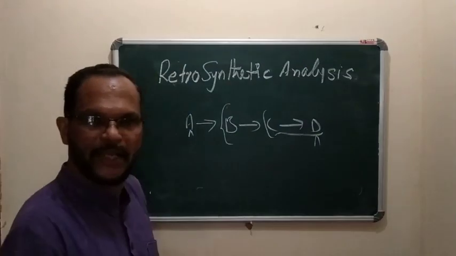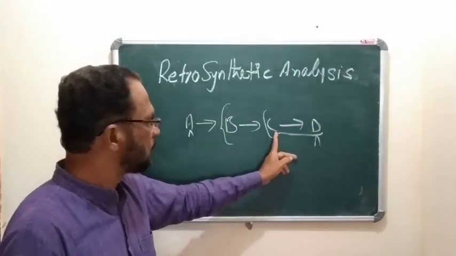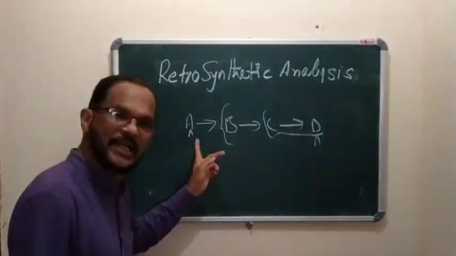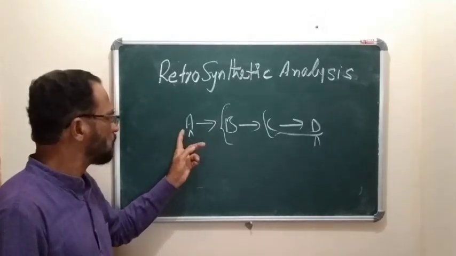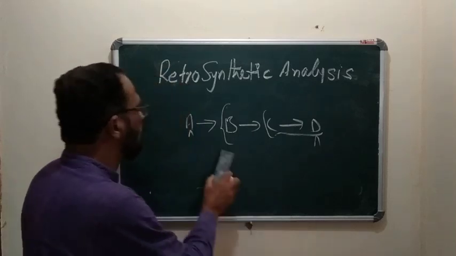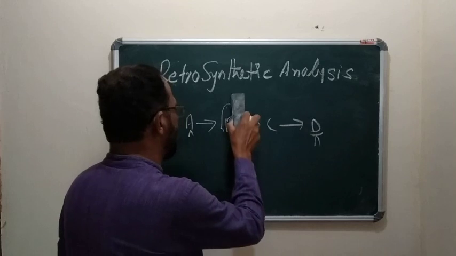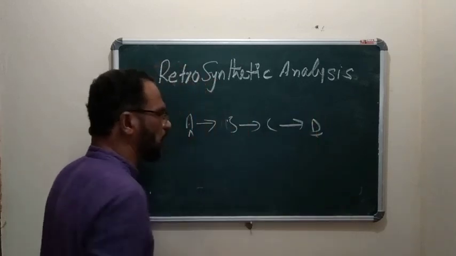But in this particular case, C is not a common, simple one. D is again not a simple or common one, but A is the simple common substance. So, this overall process is what is called a synthesis, while the intermediate stages or the others are called preparation.